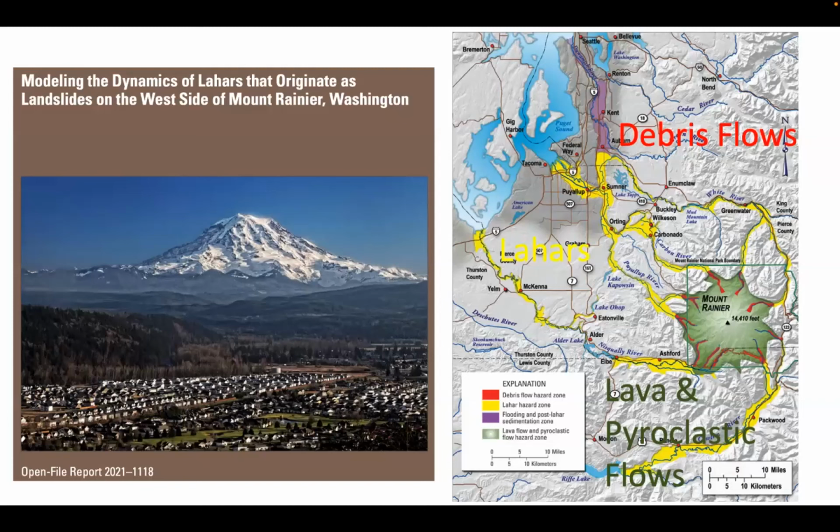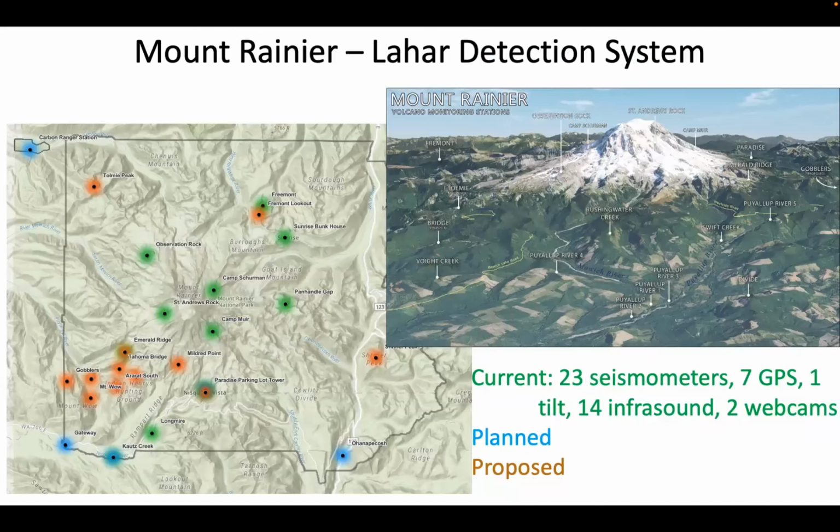This is publicly available and meant for planning, of the modeled debris flows, lava and pyroclastic flows, and lahars. And this has led to the installation of a lahar detection system. This is shown schematically here. This is now a really well-monitored volcano, driven really by the hazard.